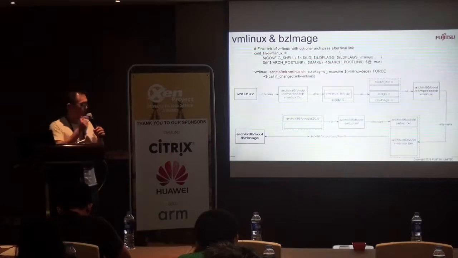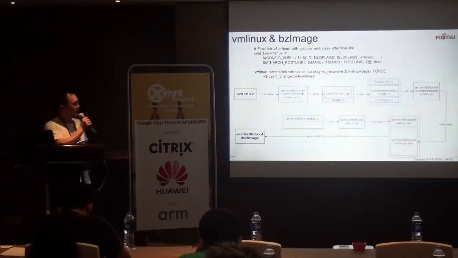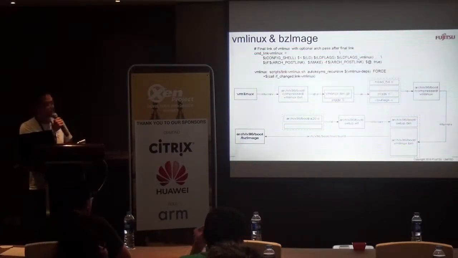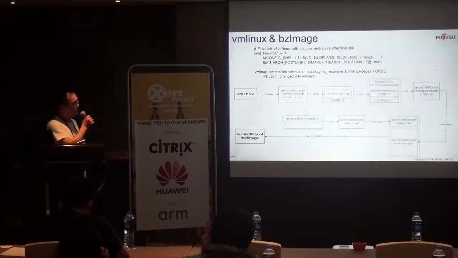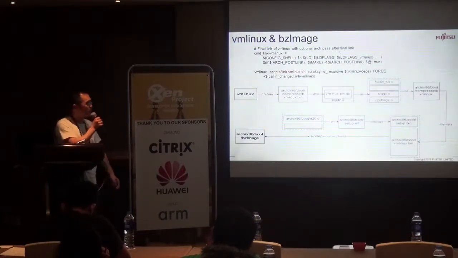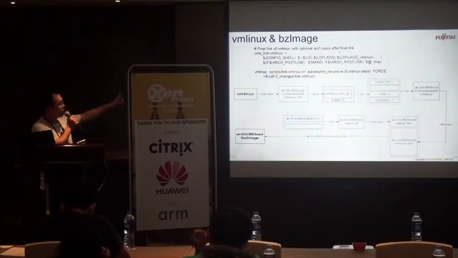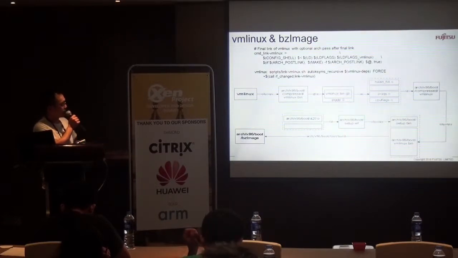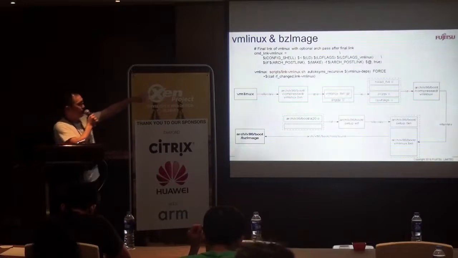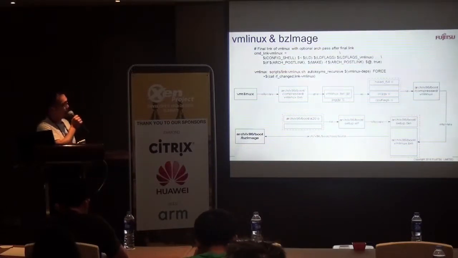This picture is quite important, I think. I was planning to give a detailed introduction, but now, time. This is how the vmlinux file is finally produced. It is via a script, the red one.